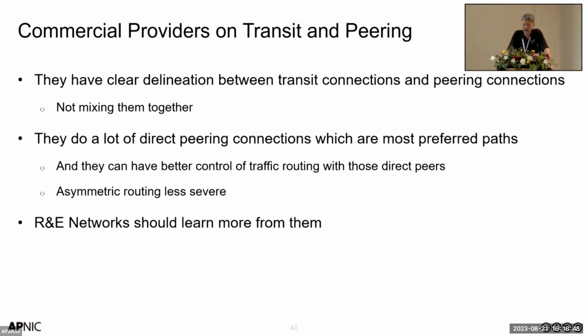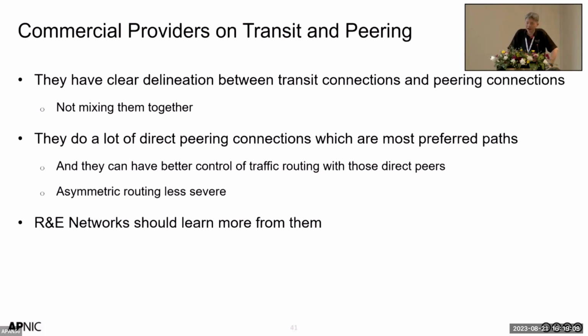And those peering connections would be a more preferred path, or the most preferred path, because with that, they can have better control of their traffic, especially the routing. And then the asymmetric routing would be less severe.